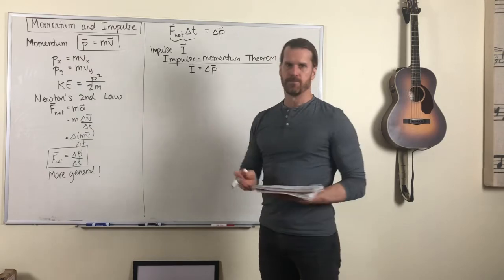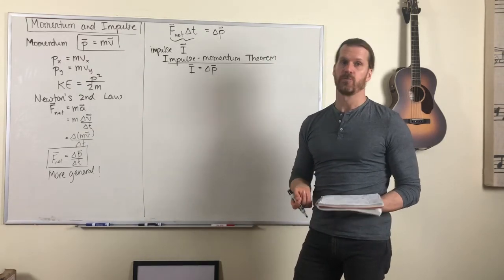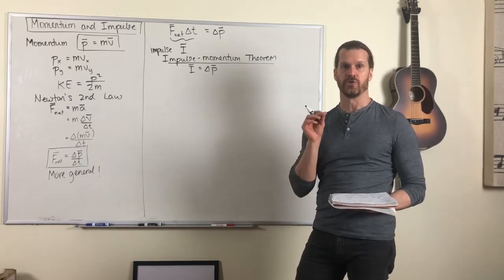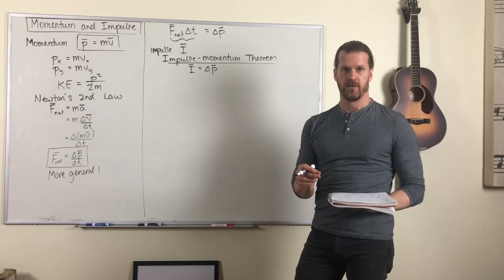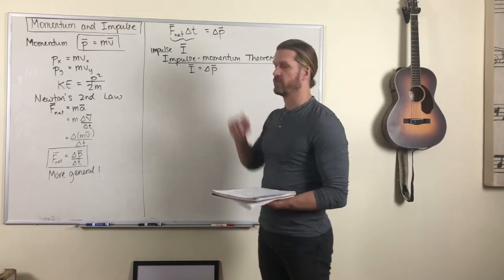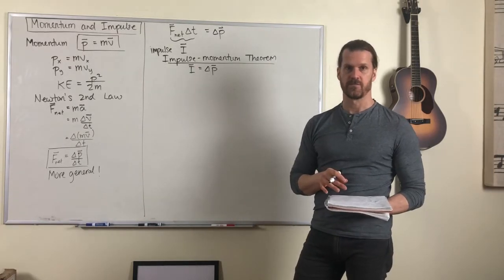But we give it this name because it's kind of symmetrical with the work-energy theorem that we learned about in the previous unit. It says that when you do work on an object, its kinetic energy changes. Now we say when you apply an impulse to an object, its momentum changes.